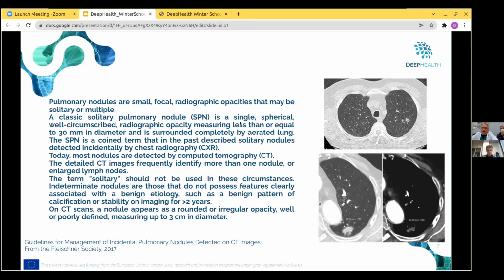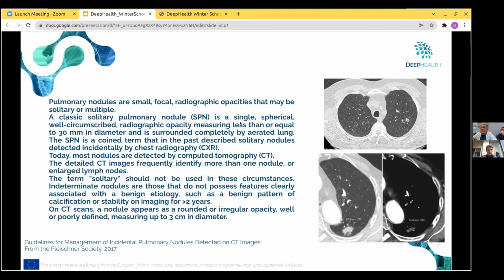SPN is a coined term that in the past described solitary nodules detected incidentally by chest radiography, and today, most nodules are detected by computed tomography. The detailed CT images frequently identify more than one nodule or larger lymph nodes.